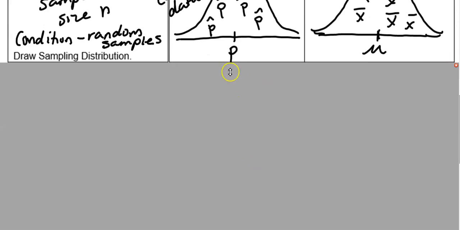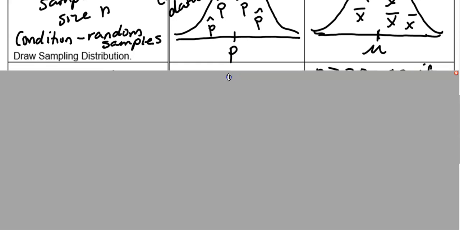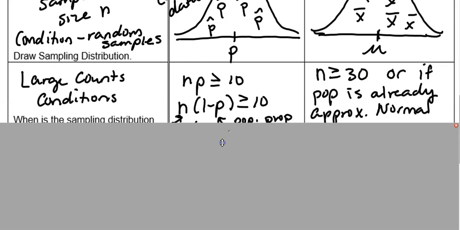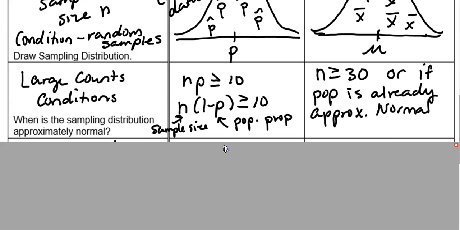Let's look at the different characteristics of these sampling distributions. First of all, what is the shape of the sampling distribution? We know the sampling distribution will be approximately normal if we verify what's called the large counts condition.